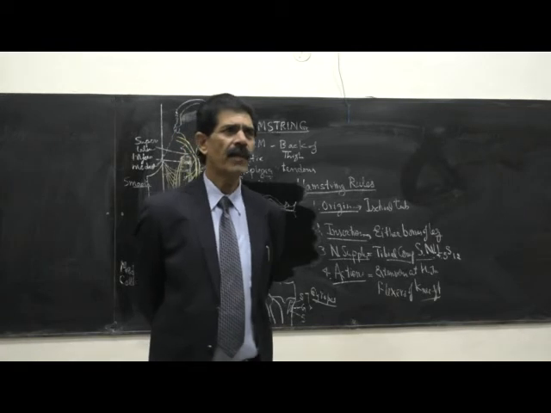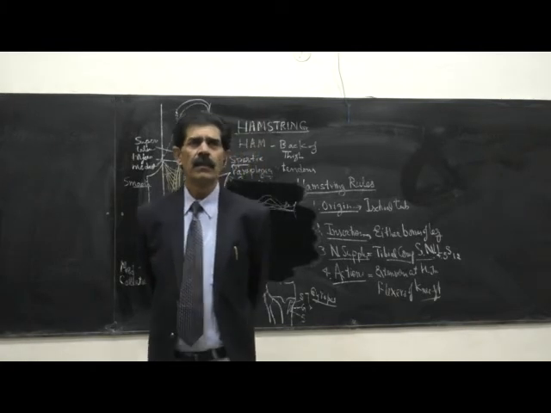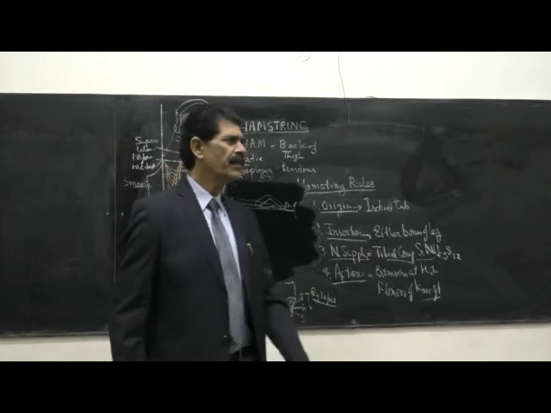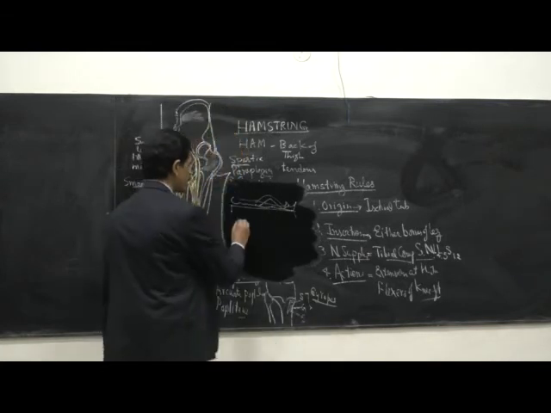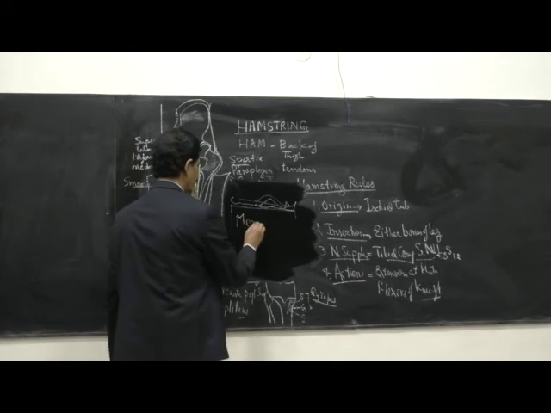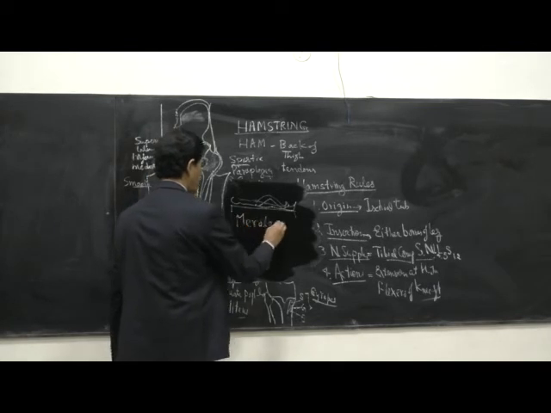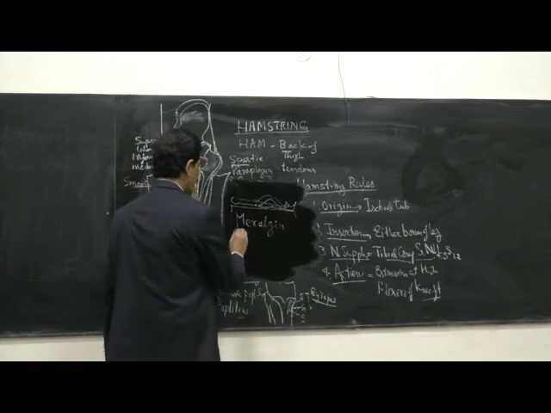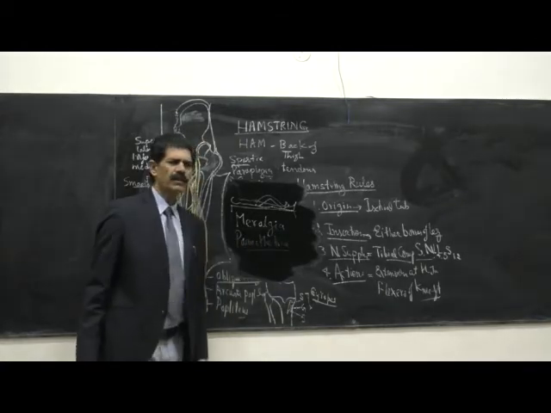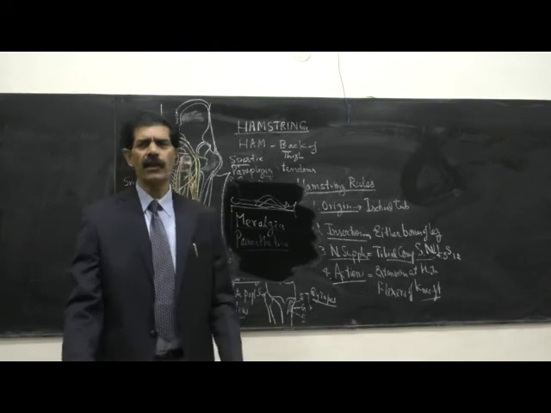Another thing which we have left, in the front of the thigh, is a condition called meralgia paresthetica. This is a condition due to the lateral cutaneous nerve of the thigh.